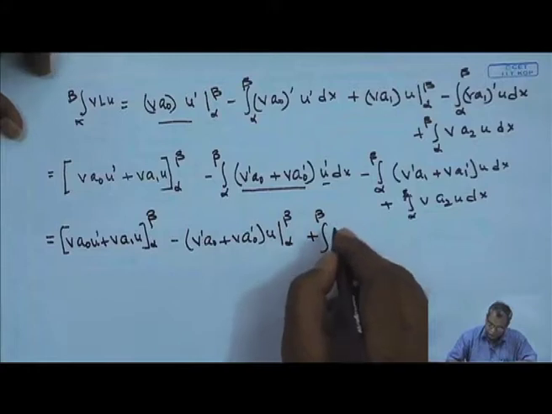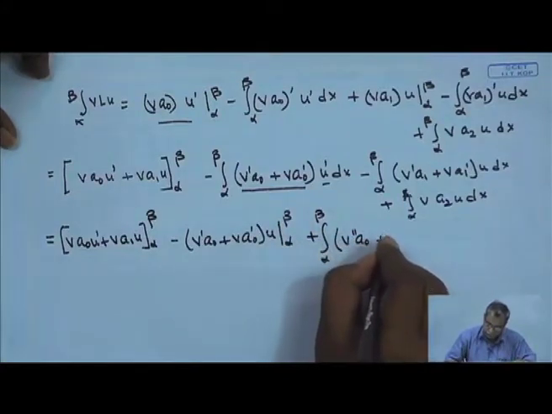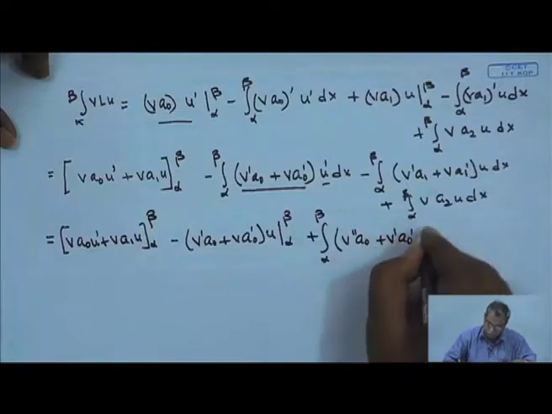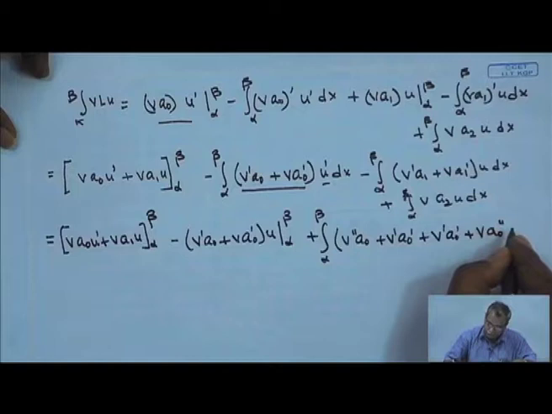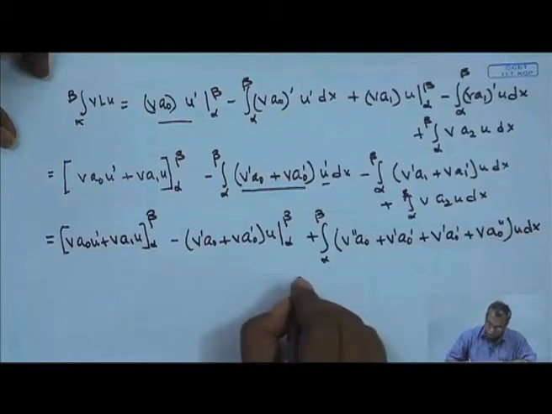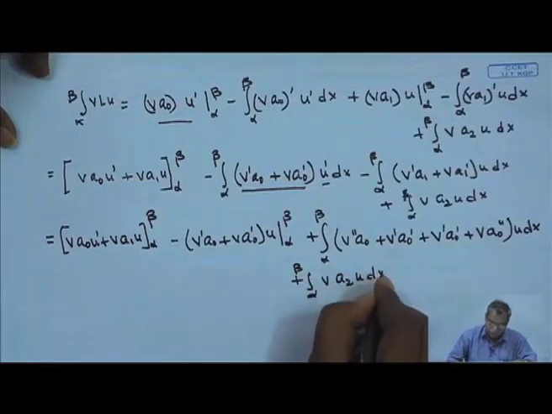The differential of the first function will be v double prime a0 plus v prime a0 prime plus v prime a0 prime plus v a0 double prime, times u dx, plus the integral from alpha to beta of v a2 u dx.